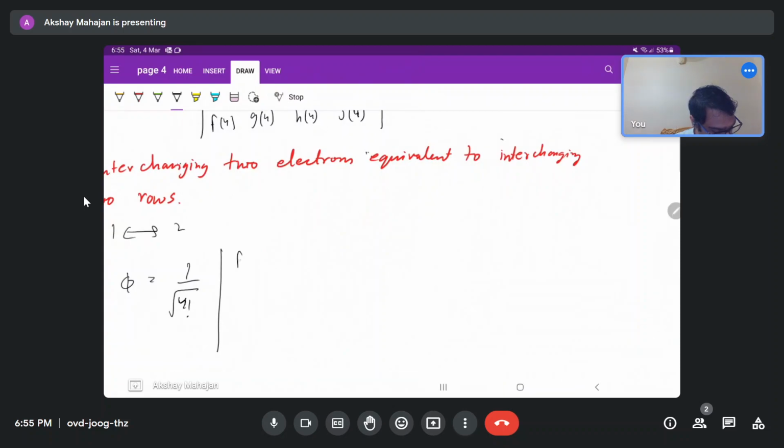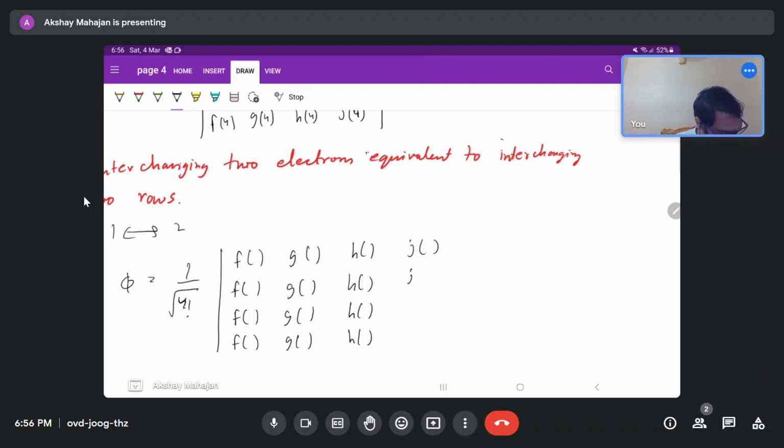First write your spin orbitals, F, G, H and J. Your columns are your spin orbitals, and now put your electrons by row. Electrons 1 and 2 are interchanged, so electron 1 goes in the second row and electron 2 goes into the first row. This row is for the third electron, this is for the fourth electron.